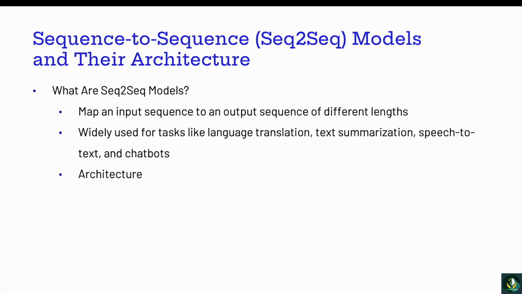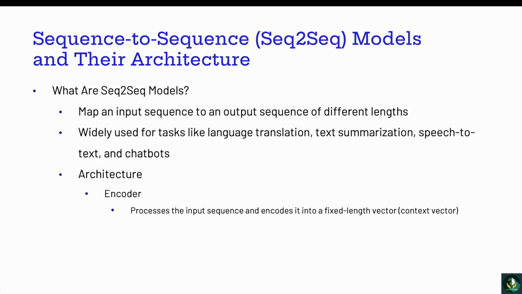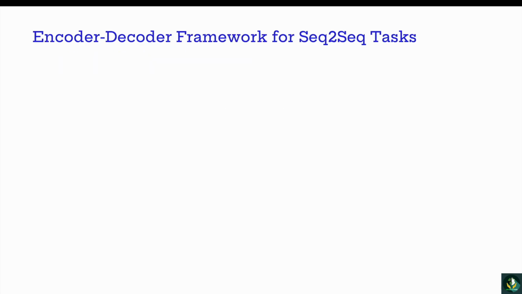The architecture involves an encoder, which processes the input sequence and encodes it into a fixed length vector, also called a context vector. Then we have a decoder, which takes the context vector as input and generates the output sequence step by step. Let's get into the encoder decoder framework for seq2seq tasks. How does it work?